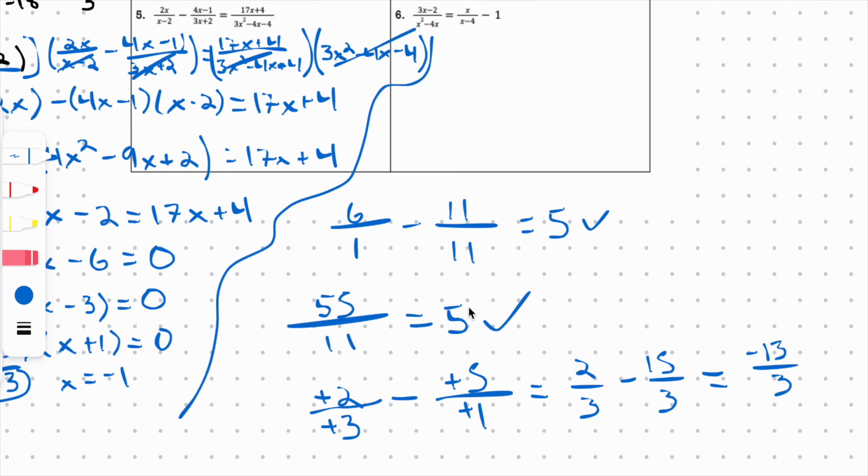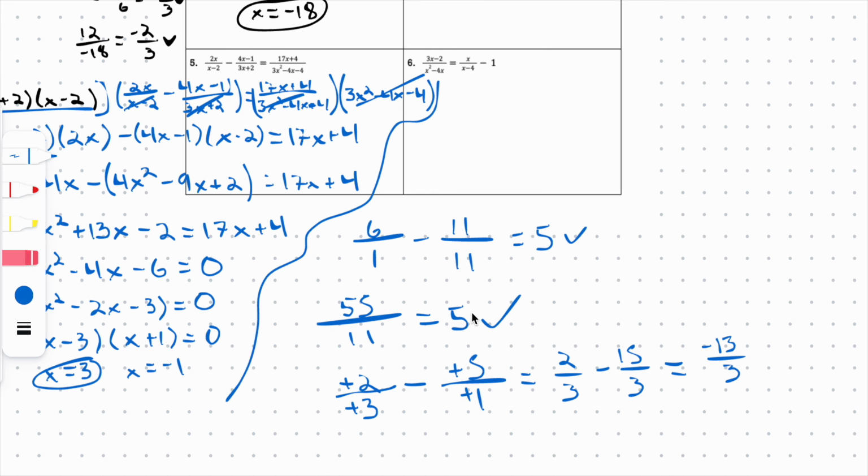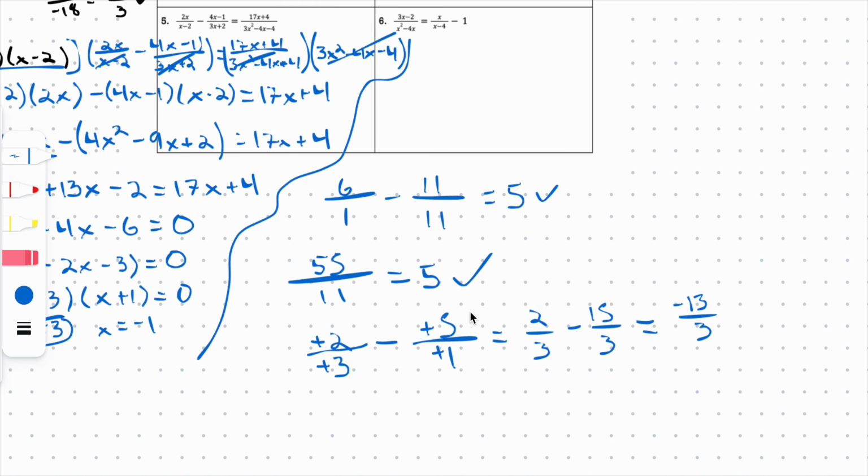If you can still see, I know this is getting really small, but okay, so 17x plus 4, so 17 times -1 is -17, plus 4 is -13. And then 3 times x squared, 3 times -1 squared. And so -1 squared is +1. 3 times +1 is 3.